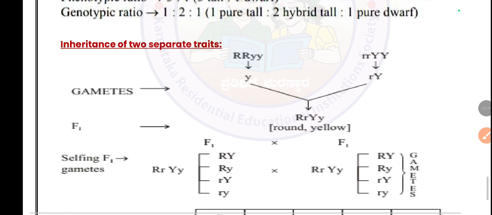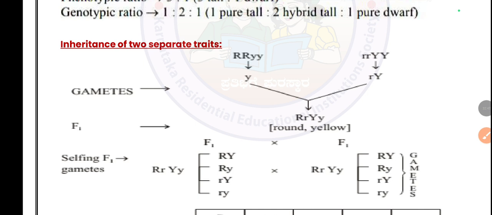Then inheritance of two separate traits. Okay, this is a dihybrid cross, capital R, small r, capital Y, small y. Gametes are here. From one side, capital R, capital Y arises, and from the other side, small r, small y.